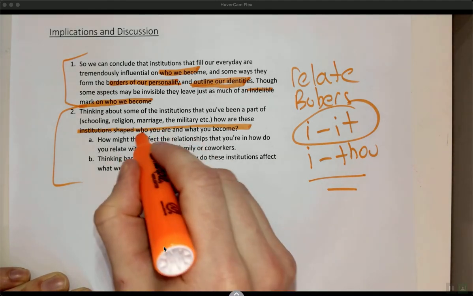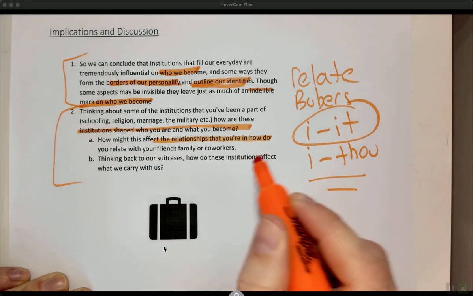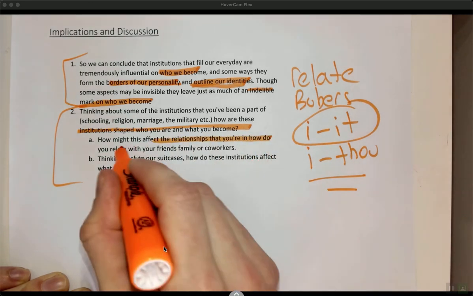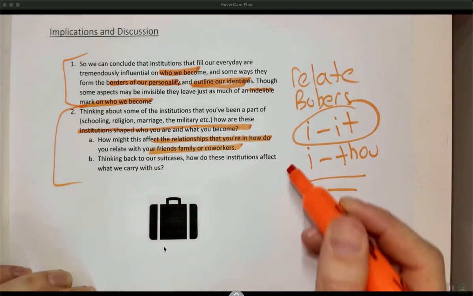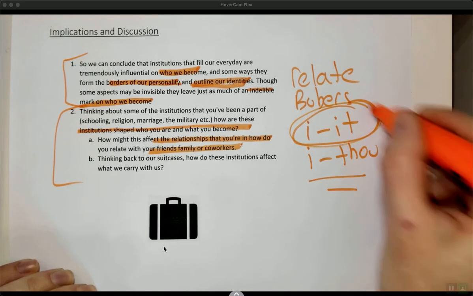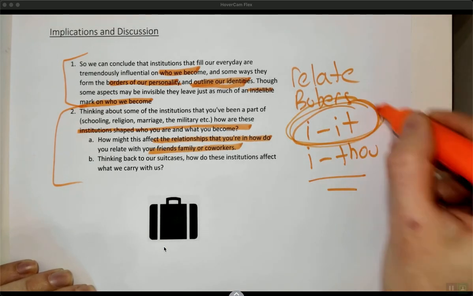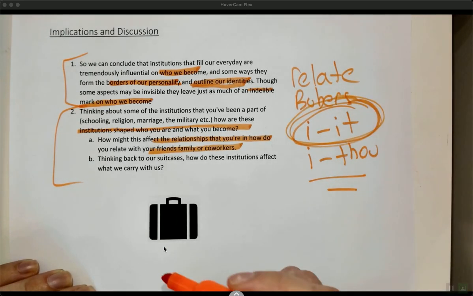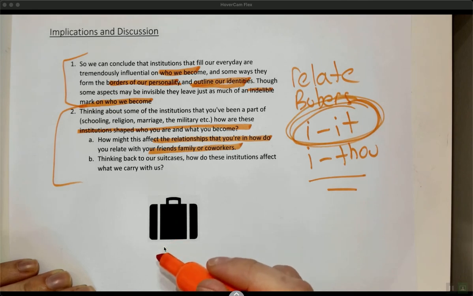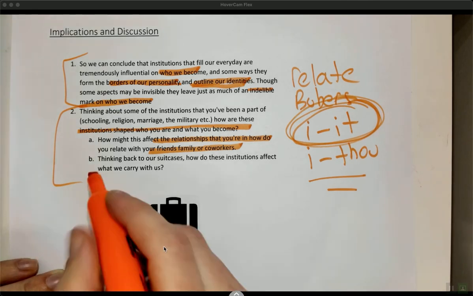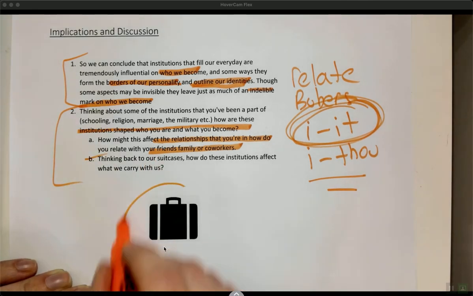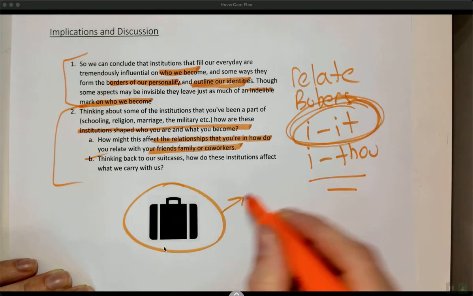How might these affect the relationships that you're in, and how you relate with your friends, family, or co-workers? So if we're existing in the I-it, how can we then transcend that into different sorts of relationships?